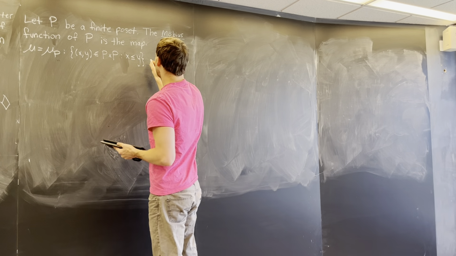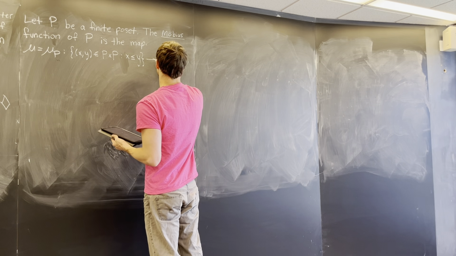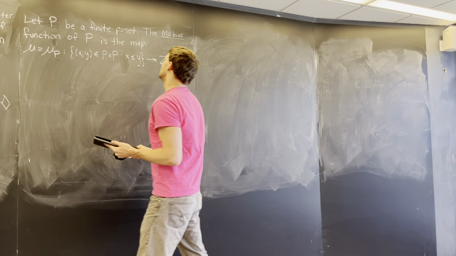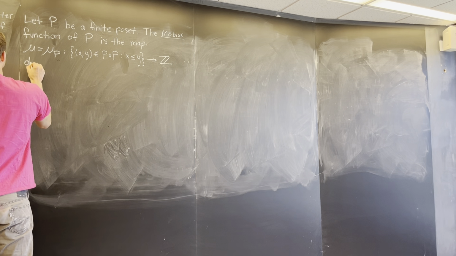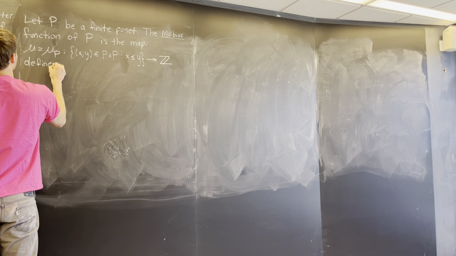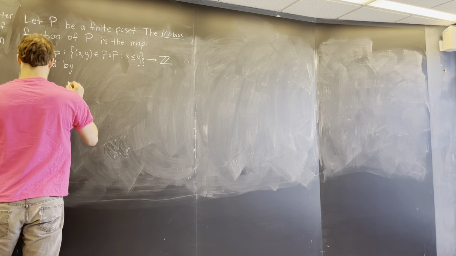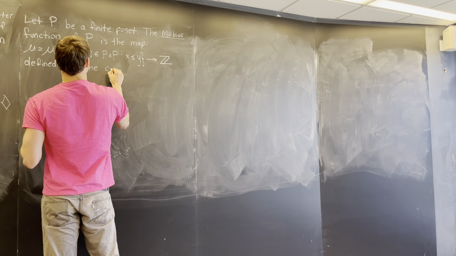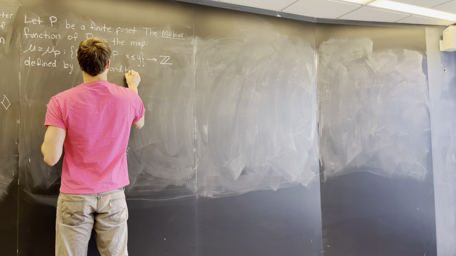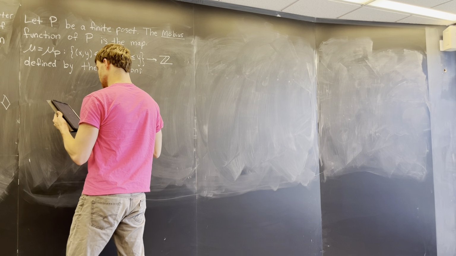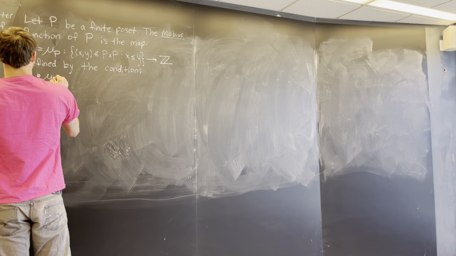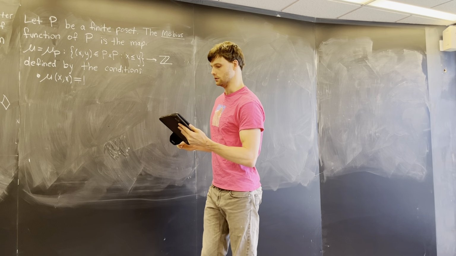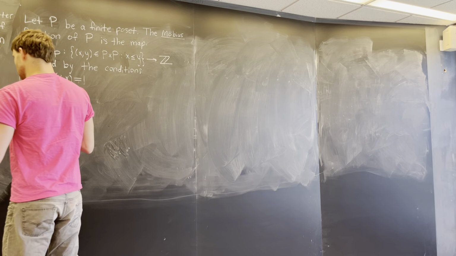So it'll go from this set to just, let's say, Z. And it's defined by the following conditions. It's a recursive definition. First of all, mu of (x, x) is always 1.